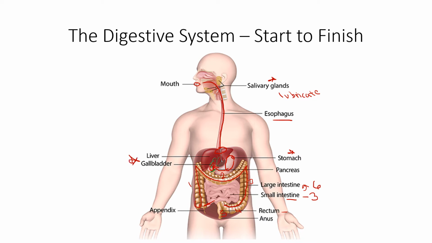There are certain things on here that I did not mention that you should make a little note about. I like to call these the accessory players. So they don't necessarily serve just digestive functions. We've talked about a few of these before. We've talked about the pancreas for sure when we were talking about the endocrine system.